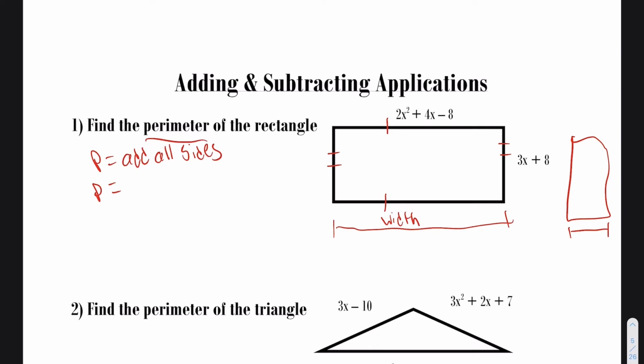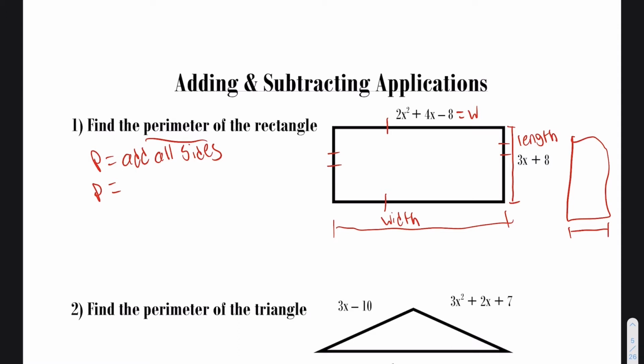So it doesn't matter which one you call the width and which one you call the length. But I'm going to call this one the width: 2x squared plus 4x minus 8. The short side that's going up and down on my page, I'm going to call the length. The length is going to be equal to 3x plus 8.